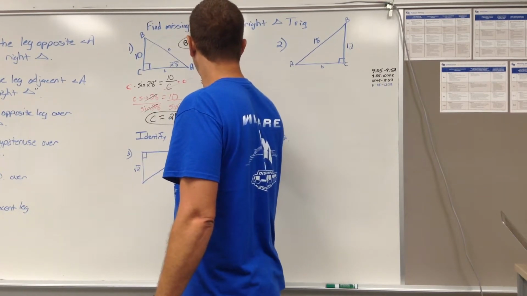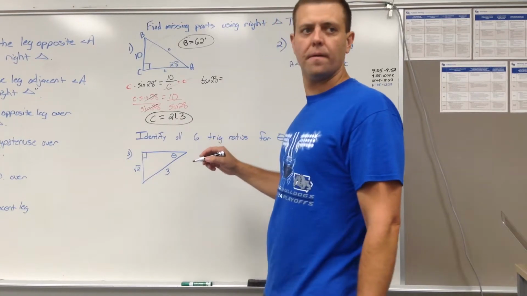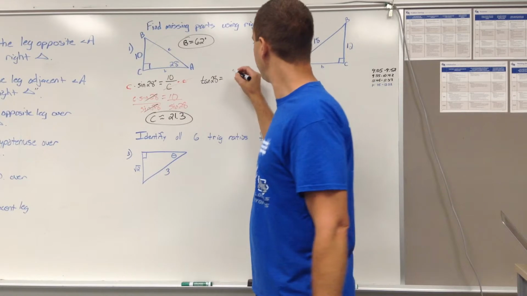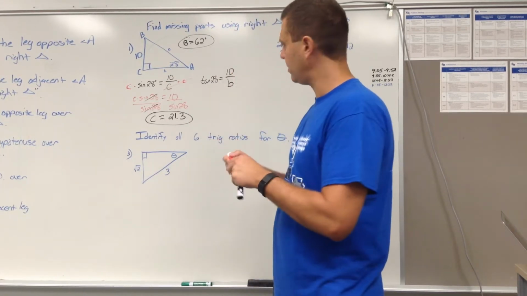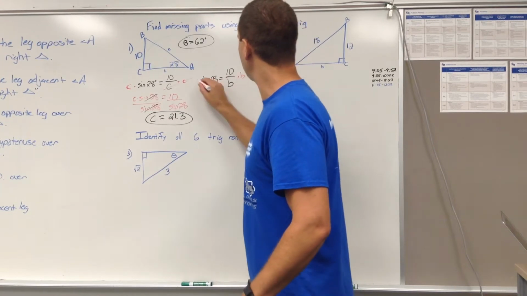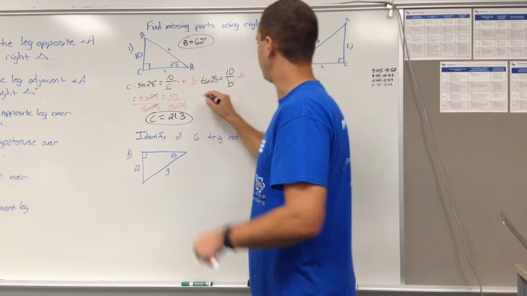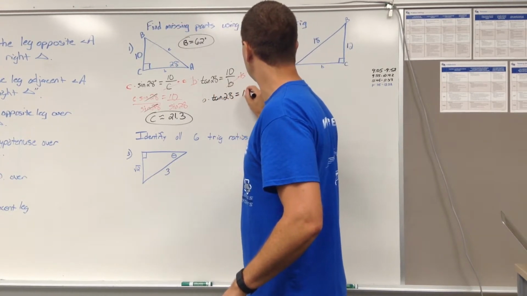Tangent of 28 would equal what over what? Tangent of 28 would equal 10 over B. What do I do to both sides? Multiply by B. So then B times the tangent of 28 equals 10.